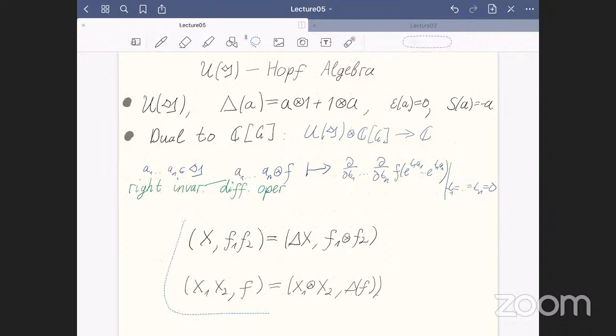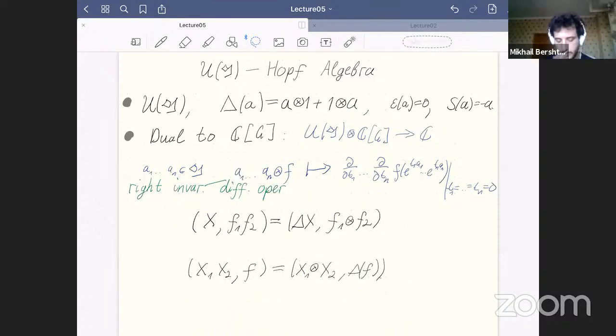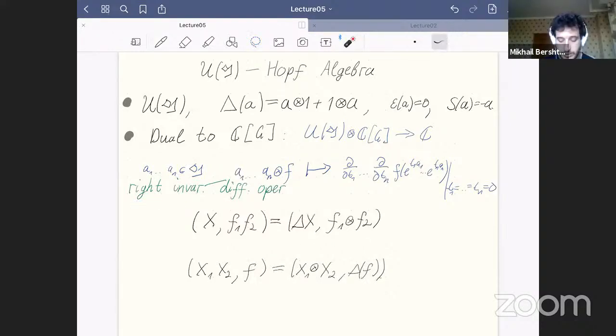Does this pairing depend on the PBW ordering? Because you take A ordered in some way on the left hand side, and on the right hand side you multiply the corresponding group elements. You need to check that everything is correct. Maybe this is what you're saying. So it doesn't depend on the order, because we take right invariant differential operators, an invariant definition.